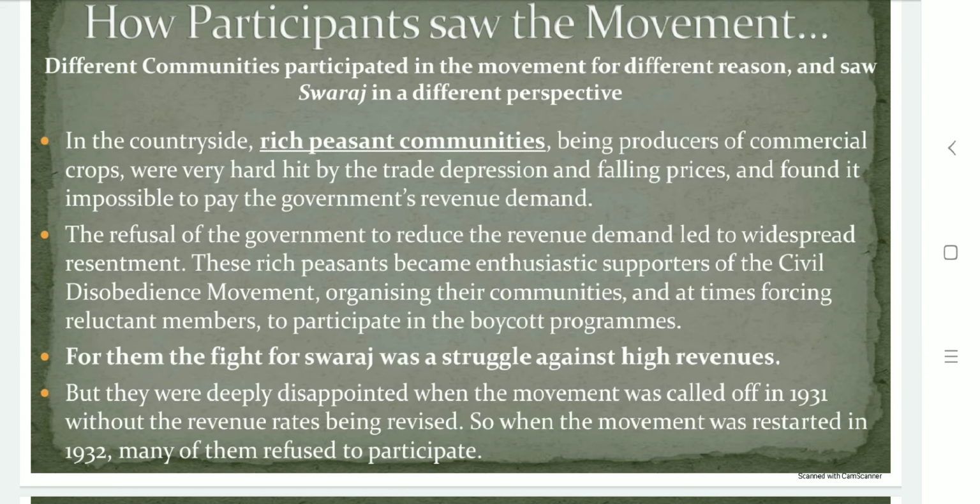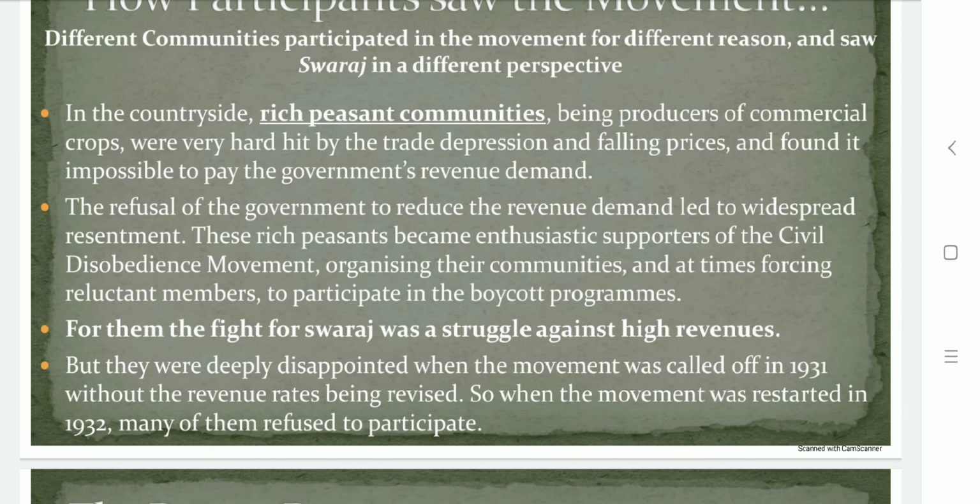Rich peasant communities, being producers of commercial crops, were very hard hit by trade depression and falling prices and found it impossible to pay the government's revenue demand. The refusal of government to reduce the revenue demand led to the widespread resentment in rich peasants.